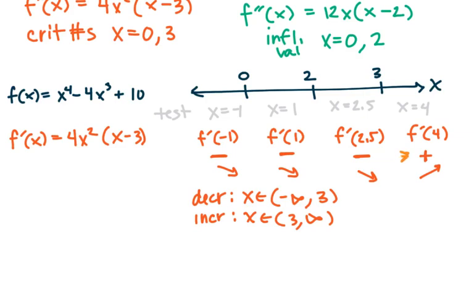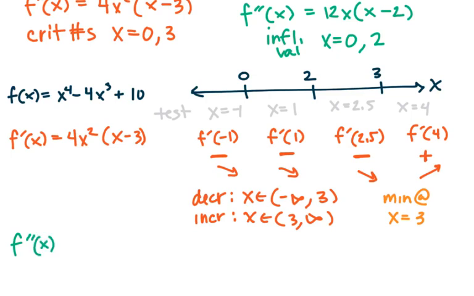When we change signs, that lets me know I'm going to have a min. So I can say there's a min at x equals 3. All right, so we've been able to make some conclusions, but I'm going to need to use my second derivative as well.